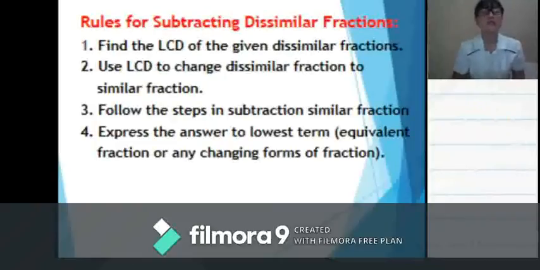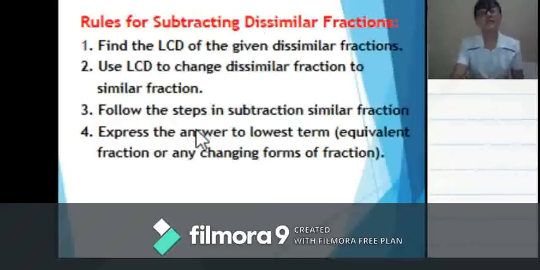Use the LCD to change the dissimilar fractions to similar fractions. Then we follow the steps in subtracting similar fractions. If our answer is an improper fraction, we have to express our answer in the lowest term. So that's it on how to subtract dissimilar fractions. Therefore, we should apply these two rules in finding the answer of the problem.